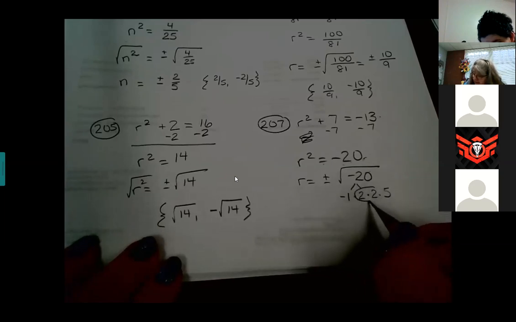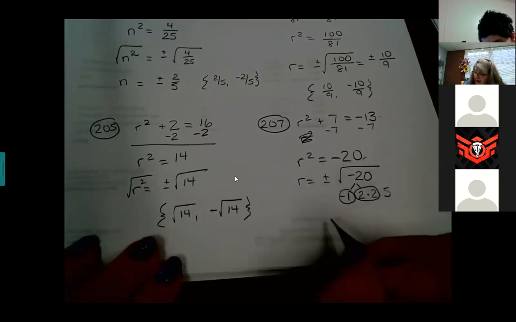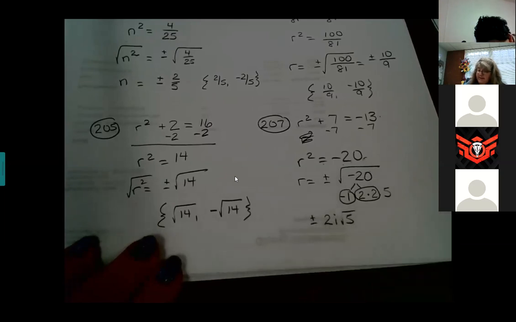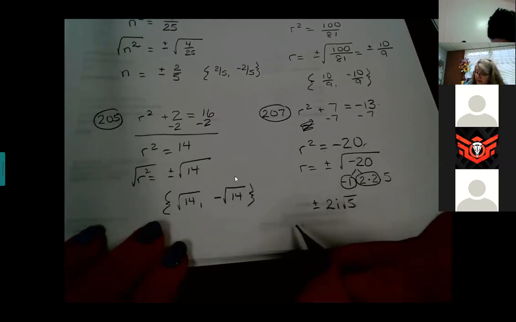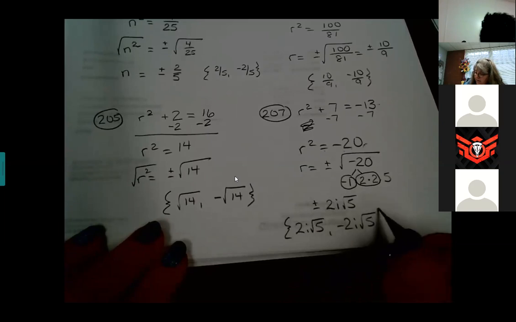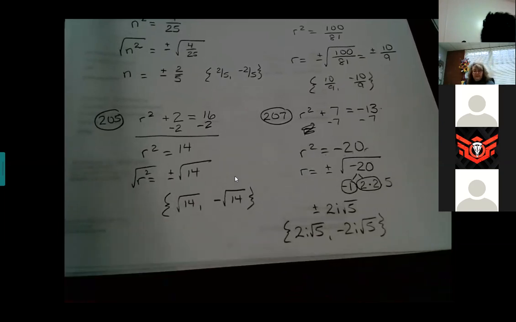It's 2i on the square root of 5, and there's a plus or minus in front of it. So here's how I'm going to write my answers. 2i on the square root of 5, negative 2i on the square root of 5. You good? Emmanuel and Logan, is that good?